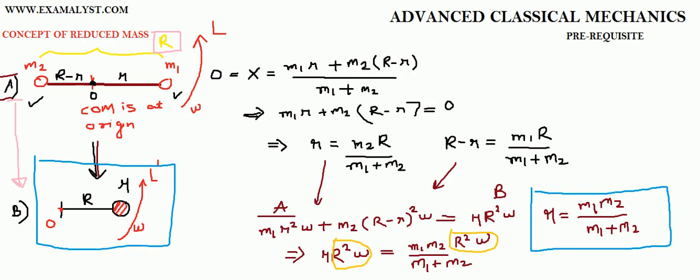Quite amazing, right? So when you convert a two body system into a one body system, you need to take the mass of the one body system as the product of the masses m1 and m2 divided by the sum m1 plus m2. Okay, so this is one example.